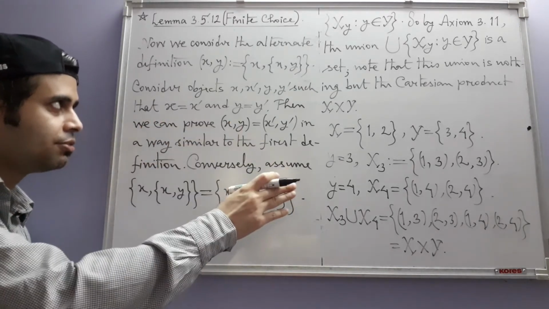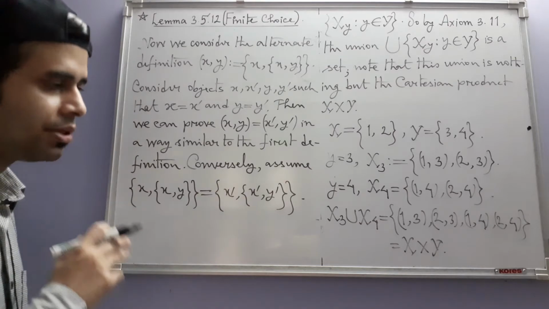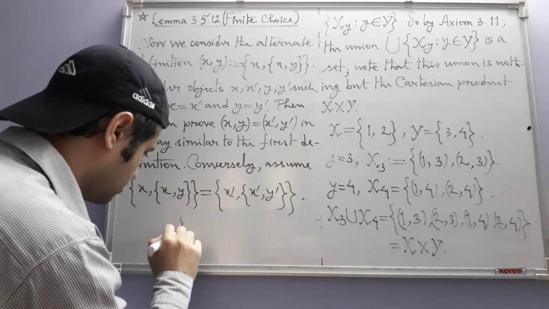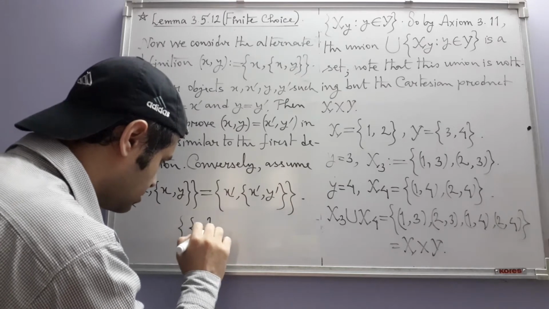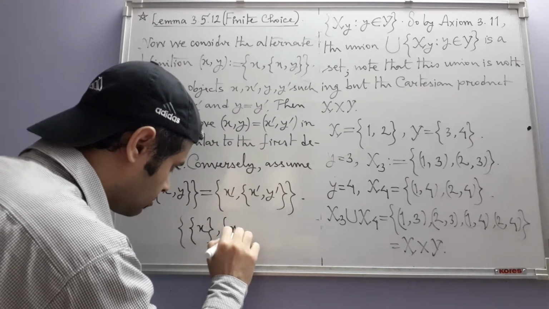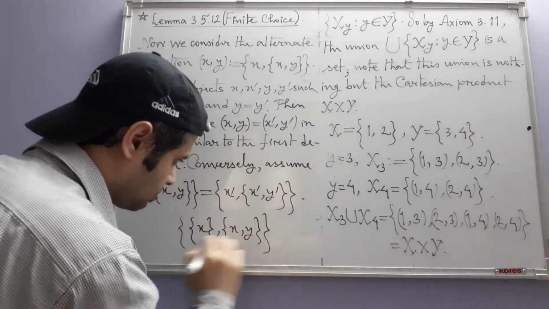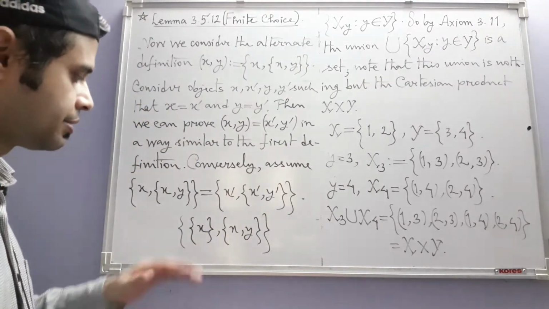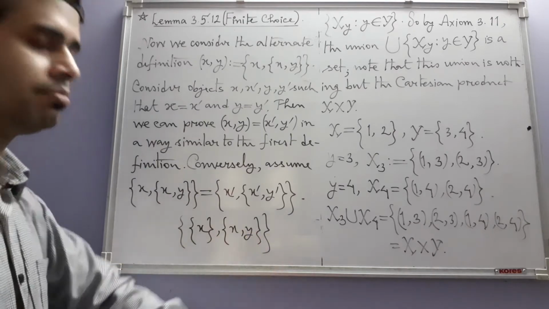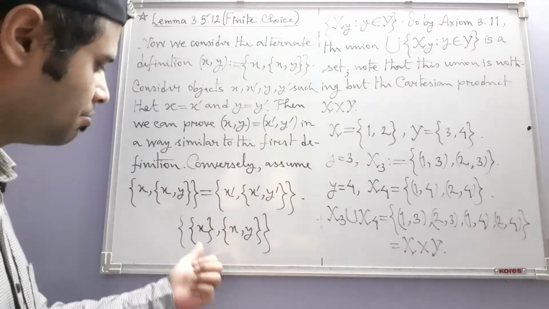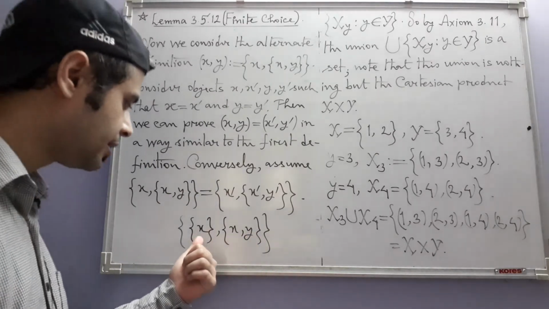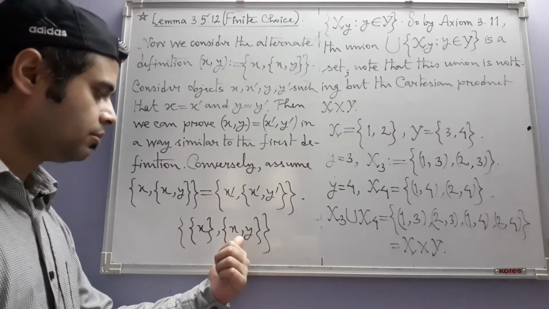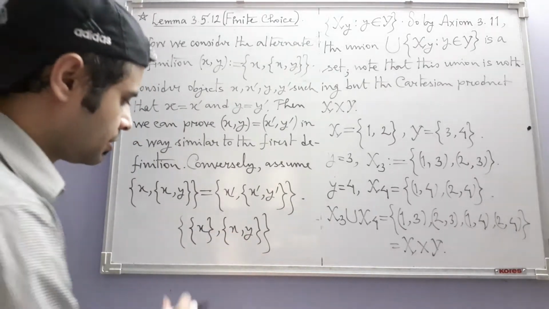In the previous definition, we had elements which belonged to the same hierarchy. The definition was like this: both the elements are sets of objects which belong to the same hierarchy. Either you can think of these as primitive objects or these as sets.